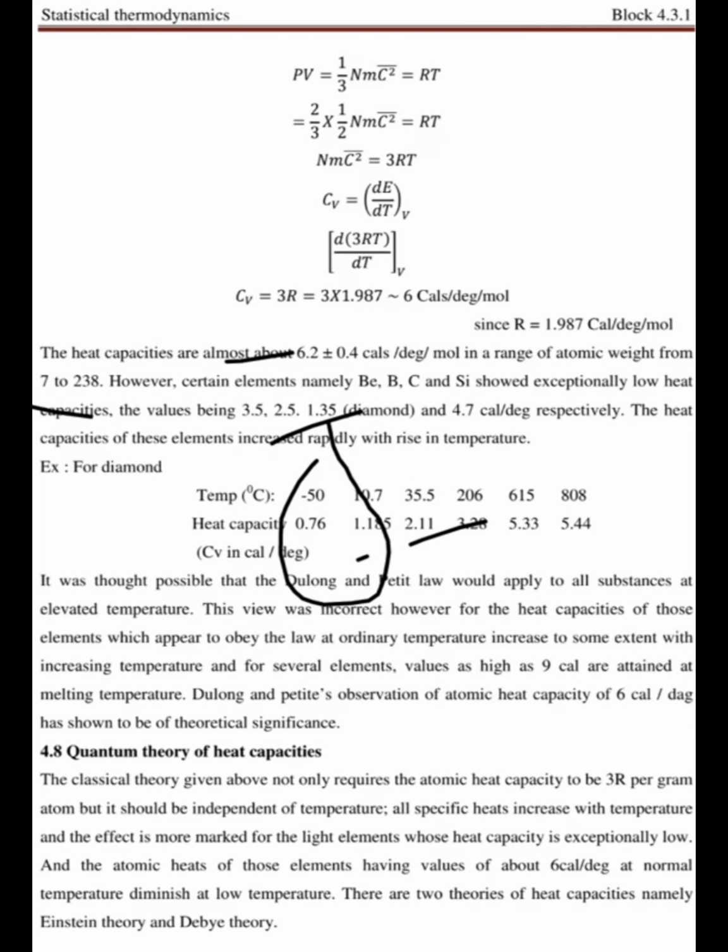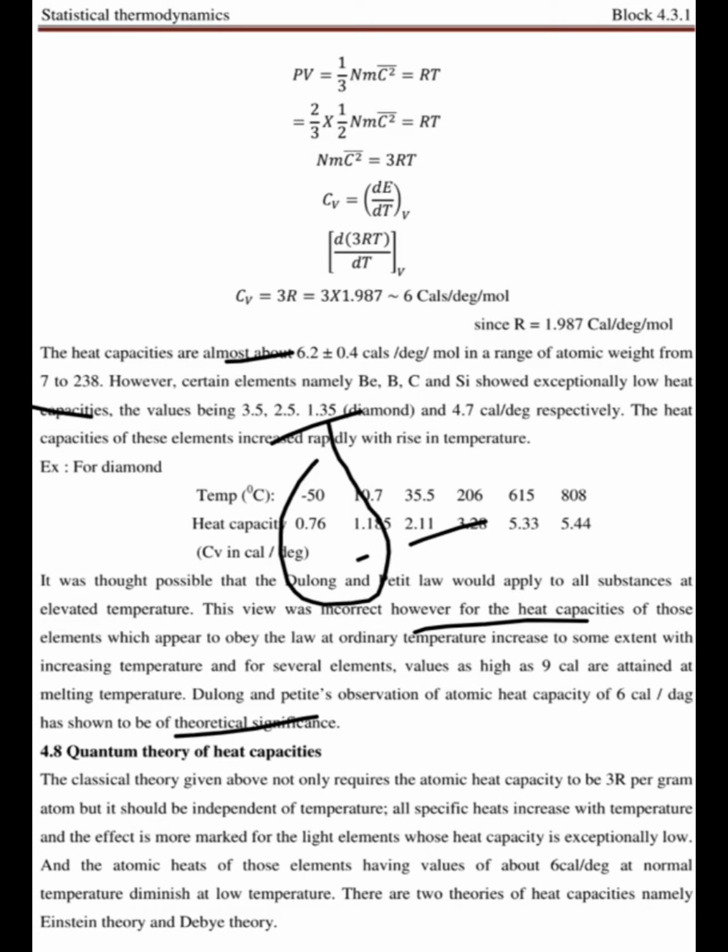The law was applied to all substances at elevated temperature, which was incorrect. However, for heat capacity of those elements which appear to obey the law at ordinary temperature, the observation of this atomic capacity of 6 calories per degree has shown to be theoretically significant for atomic weights from 7 to 238.